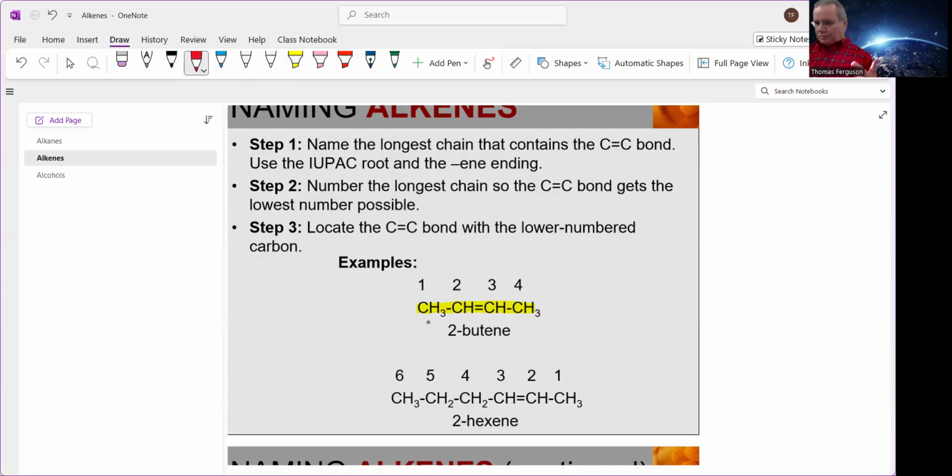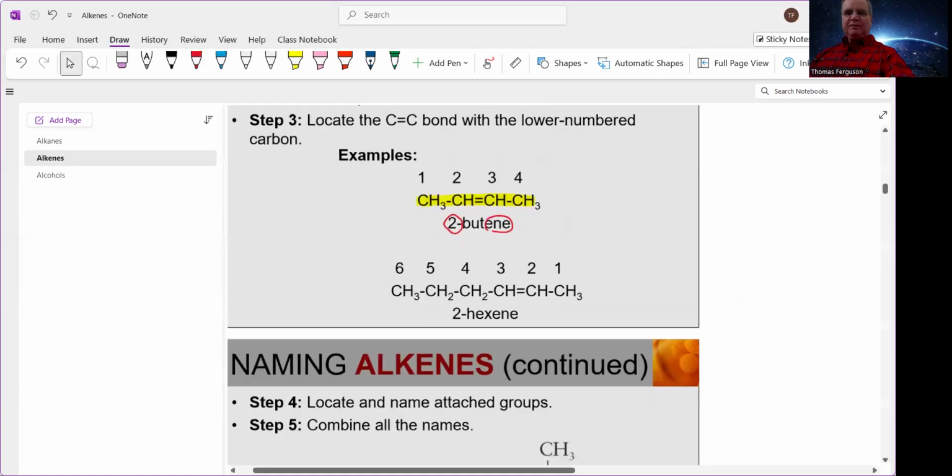On carbon number 2. That's why we have to name it with the 2 there. So it's really from carbons number 2 to 3, but it starts on carbon 2. Okay, and the functional group is a double bond, which is ene, E-N-E. So there's alkanes, alkenes. Okay, that's probably the simplest one.